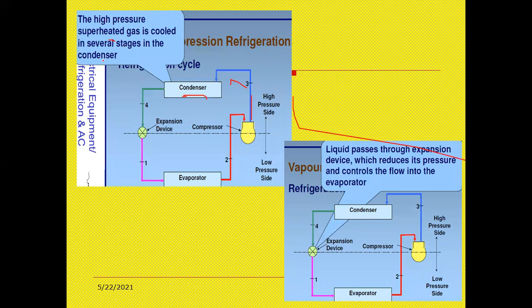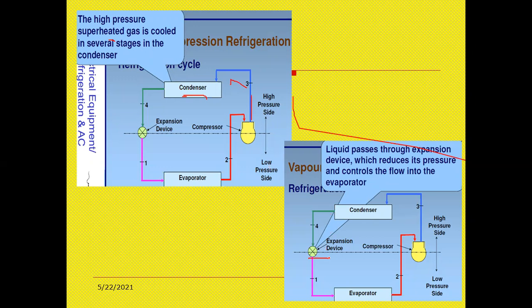Next. So once the condenser takes the pressure at several stages, next it is passing to the expansion valve. What does this expansion valve do? The liquid passes through the expansion device where it reduces the pressure and controls the flow into the evaporator. Again, the cycle process takes place.